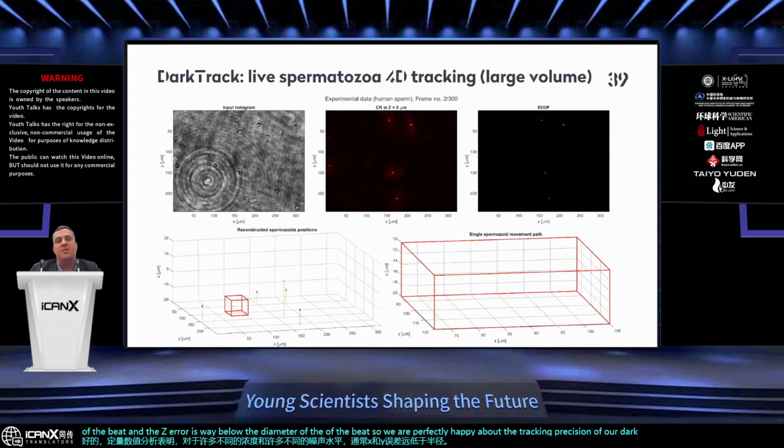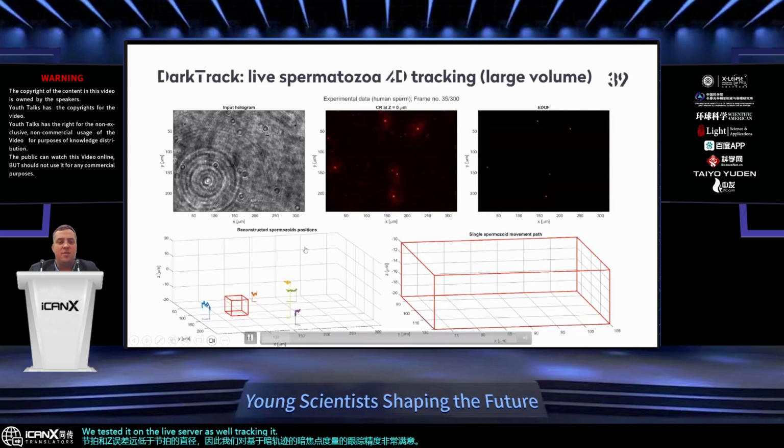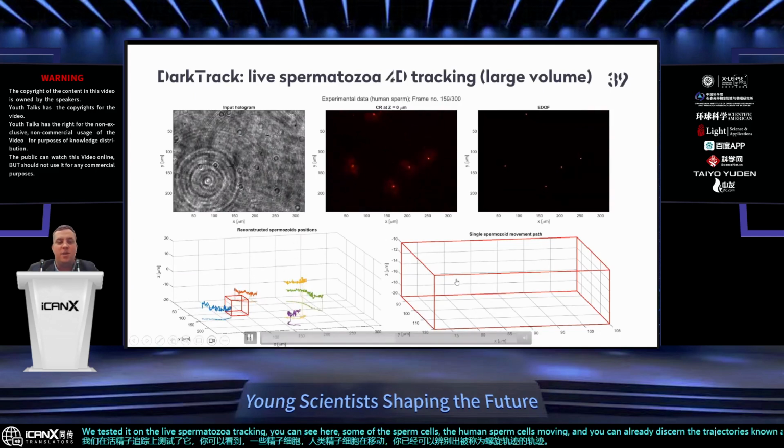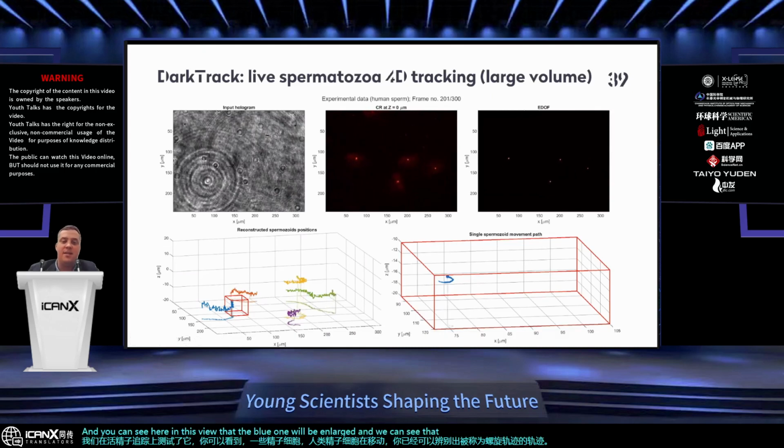We tested it on live spermatozoa tracking. You can see here some of the human sperm cells moving, and you can already discern the trajectories known as helical trajectories. And you can see here in this cube that the blue one will be enlarged, and we can see that the healthy helical trajectory can be spotted here.